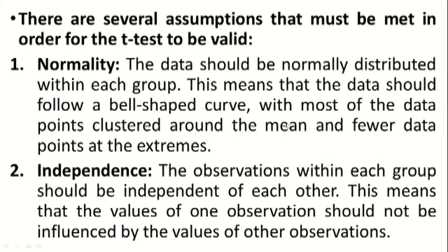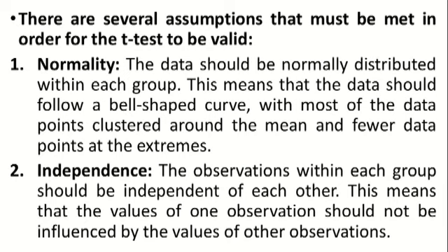The second assumption is the assumption of independence of the data. The observations within each group should be independent of each other. This means that the values of one observation should not be influenced by the values of the other observation.